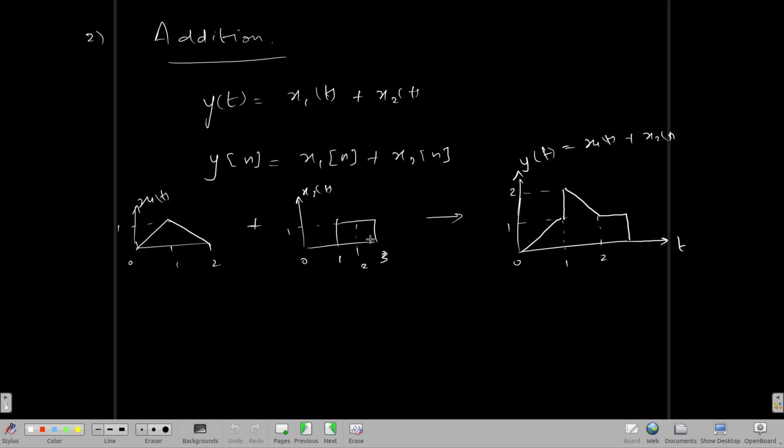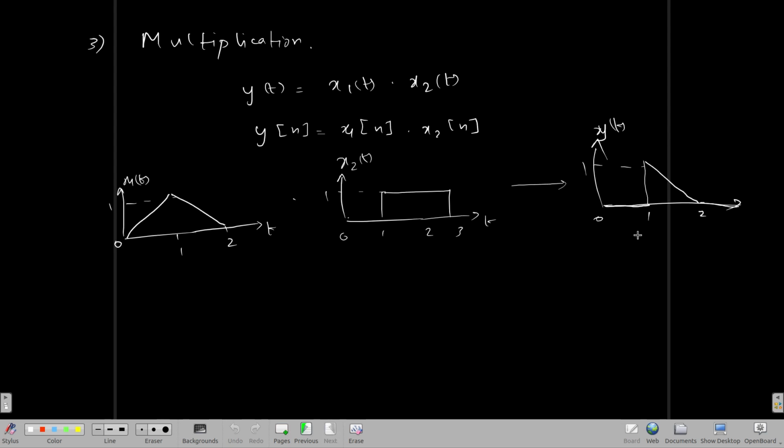From 0 to 1 and 2 to 3, only one of them has some values, but when it is added, the resultant signal is from the whole duration where either of them has a value. But in multiplication, the resultant signal has a value only in areas where it is coinciding, where both of the signals have a value, right?